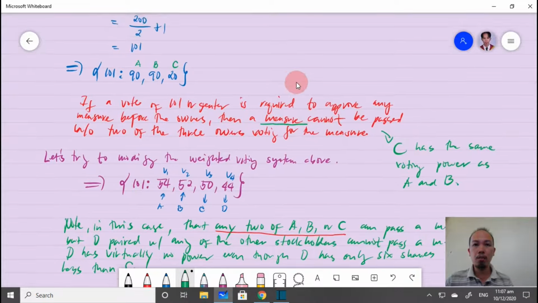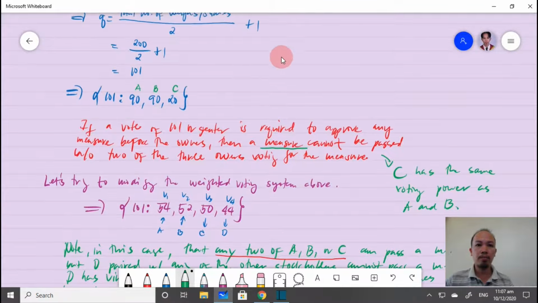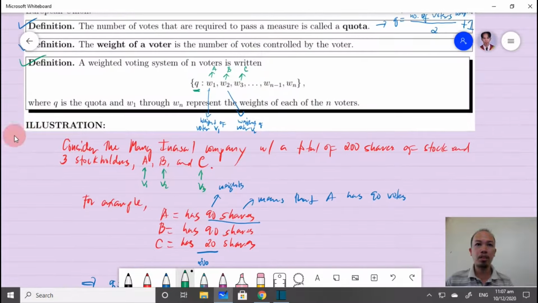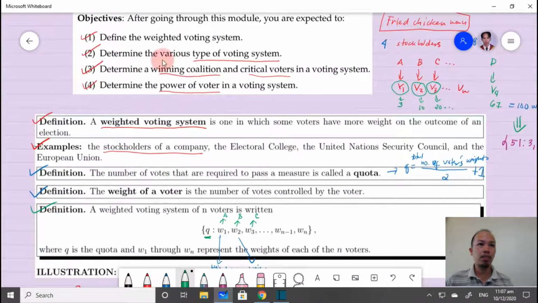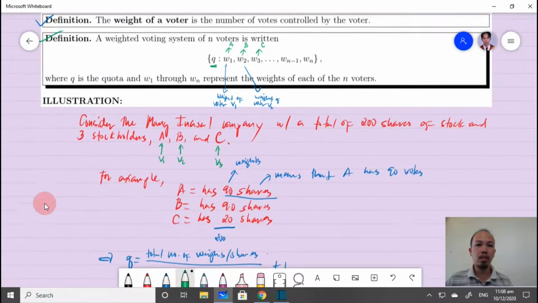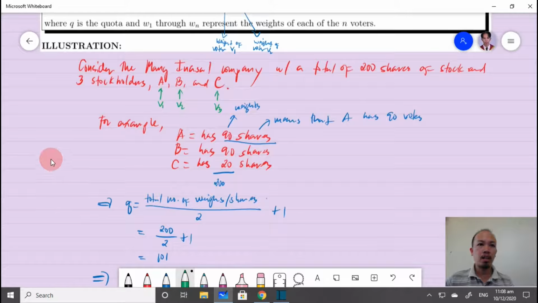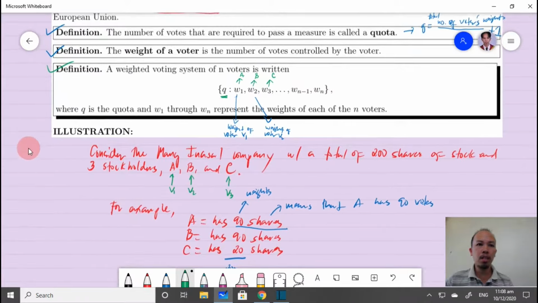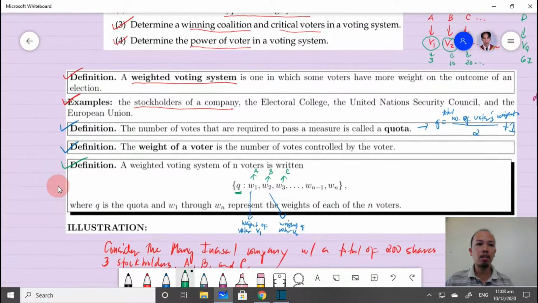You are now able to understand the first objective: understand the definition of the weighted voting system. This is what we mean by a weighted voting system, and there are so many examples in this topic that are not limited only to stockholders.